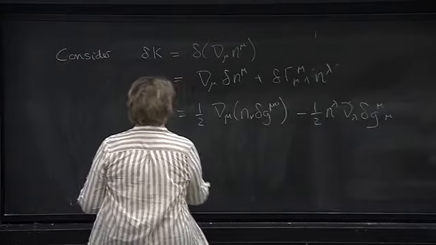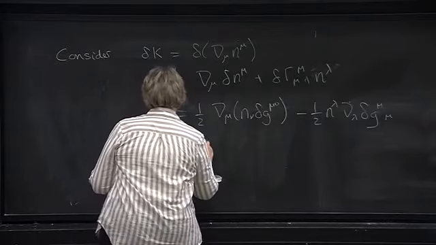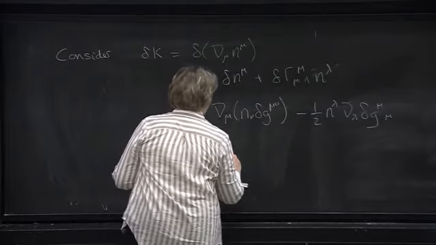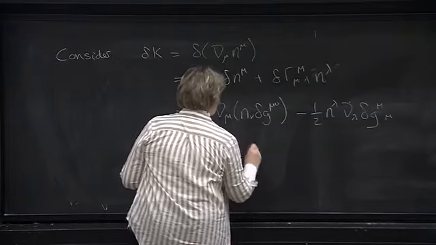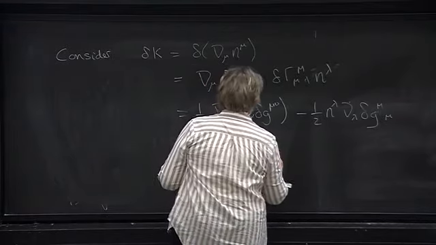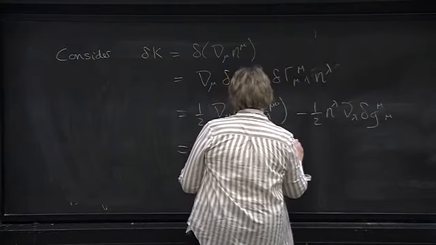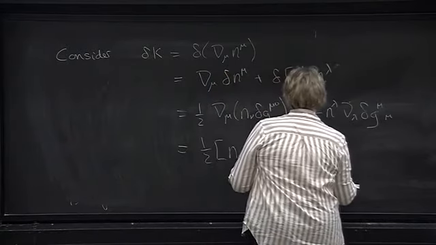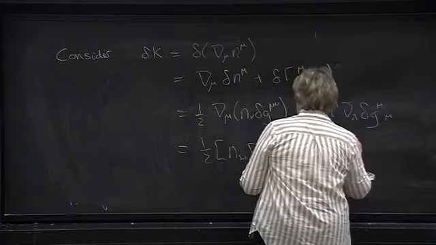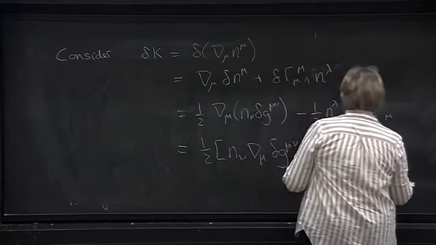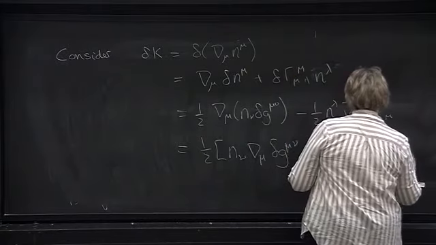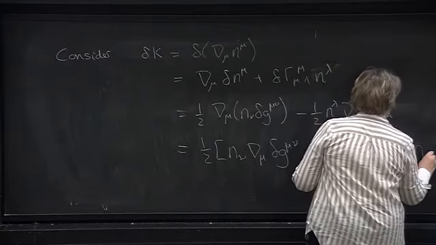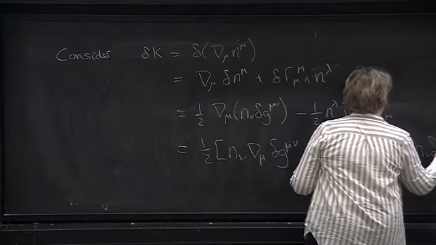So here, let me just do this differentiation. N nu grad mu delta g mu nu minus grad n of delta g. And then I've also got to take the derivative of n.